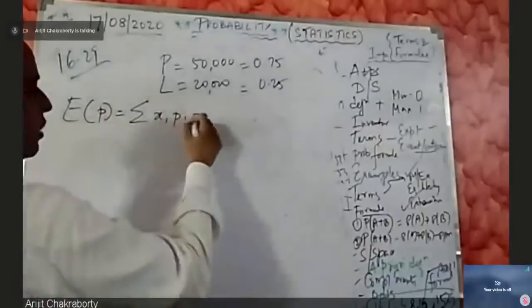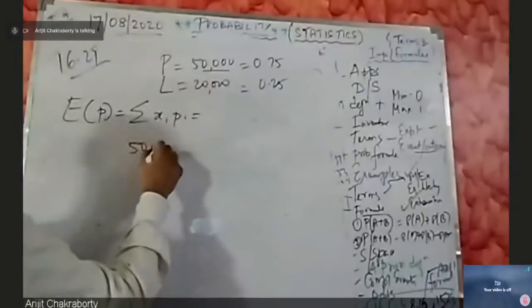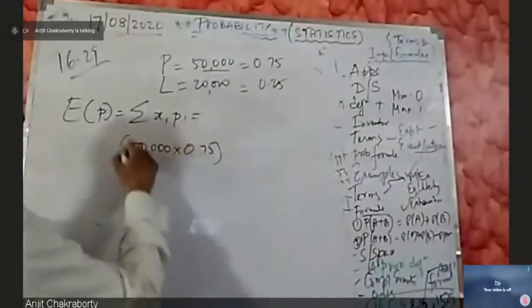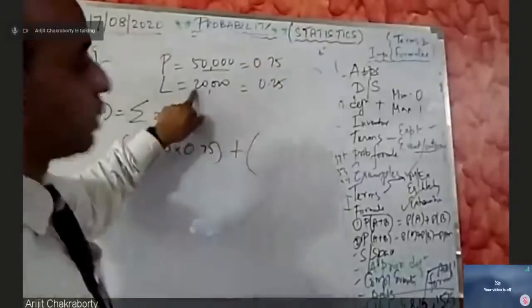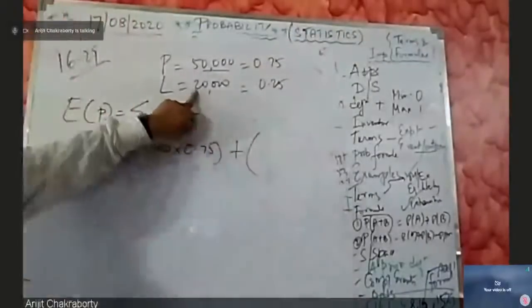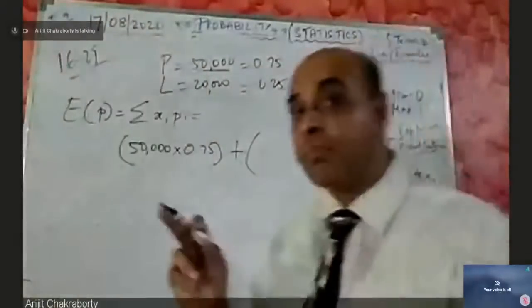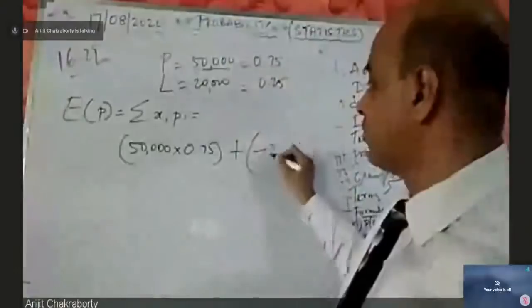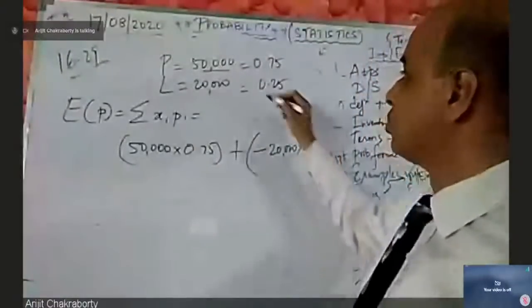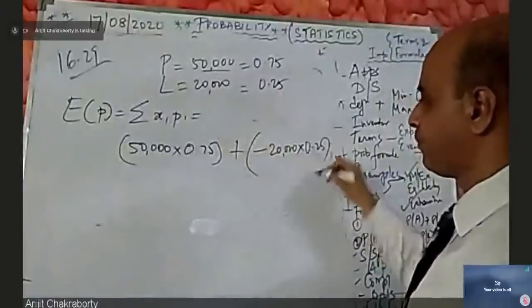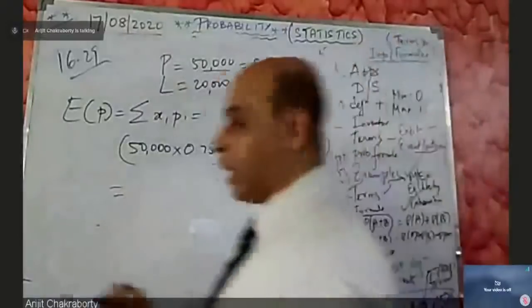That means first xi is 50,000 into pi, which is 0.75, plus he has a loss of 20,000. Kindly note, loss of 20,000 means it is minus 20,000. So I will write minus 20,000 into pi, 0.25.